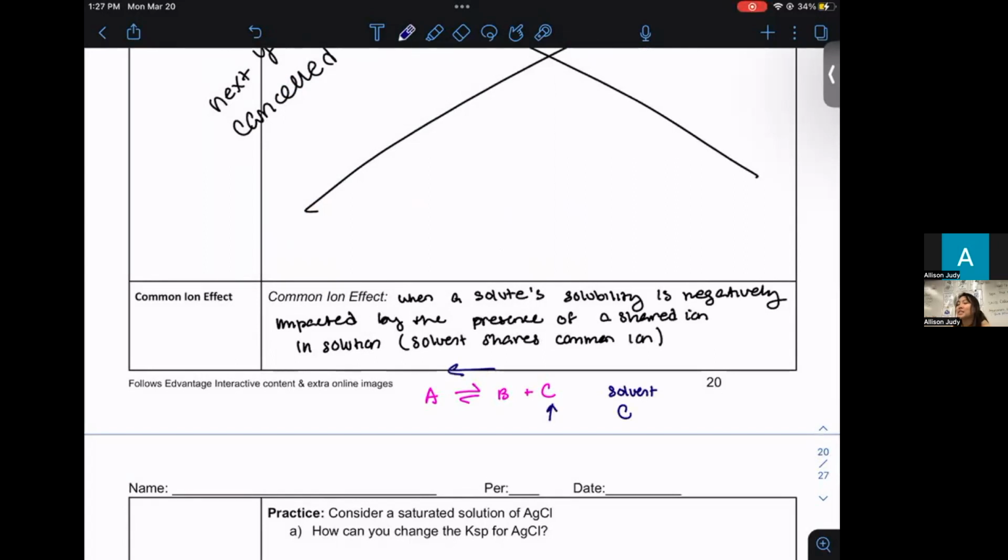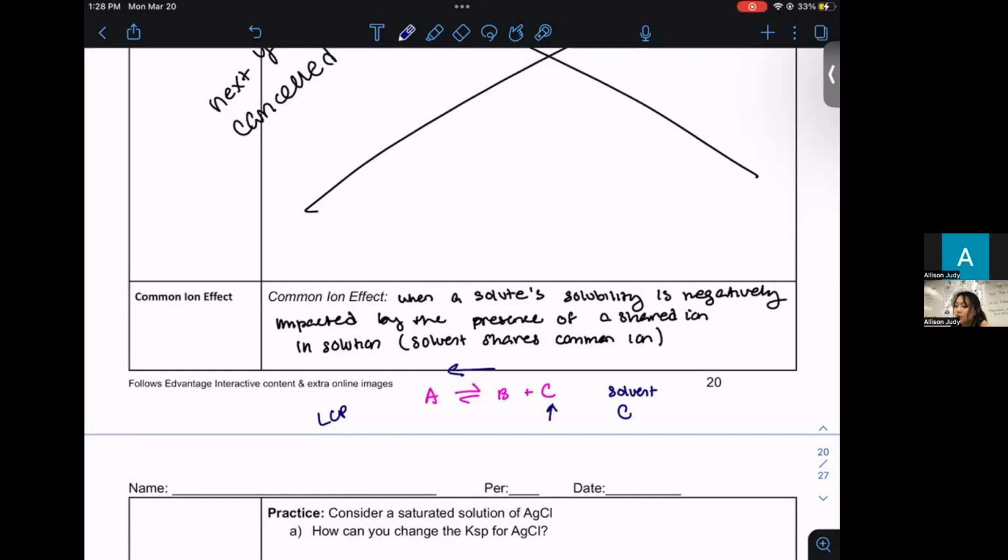So your normally relatively soluble precipitate becomes less soluble in the presence of a solvent with a shared ion, because Le Chatelier's principle tells you that an increase in ion concentration contributed from the solvent is going to create a new equilibrium shift in the dissociation of your solid. Does that make sense?